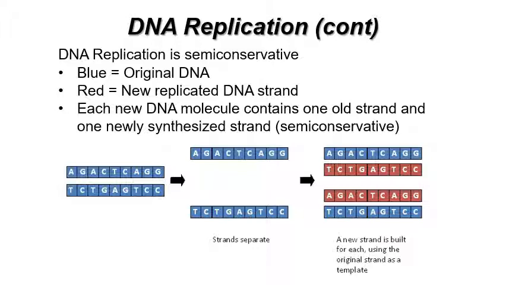You see the old strand is the blue, the red strand is the new in this case, and you can see the new replicated strand is the same as the old strand, at least base pairwise, and that gives us semi-conservative.